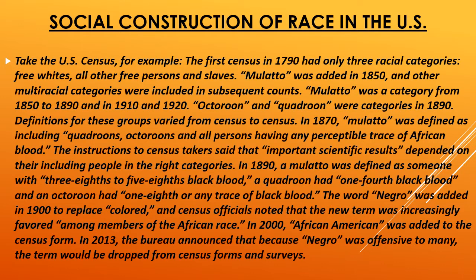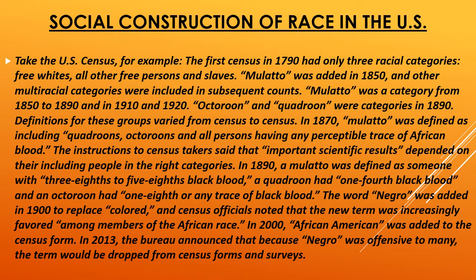In 2000, African American was added to the census form. In 2013, the Bureau announced that because "Negro" was offensive to many, of course, the term would be dropped from the census forms and surveys.